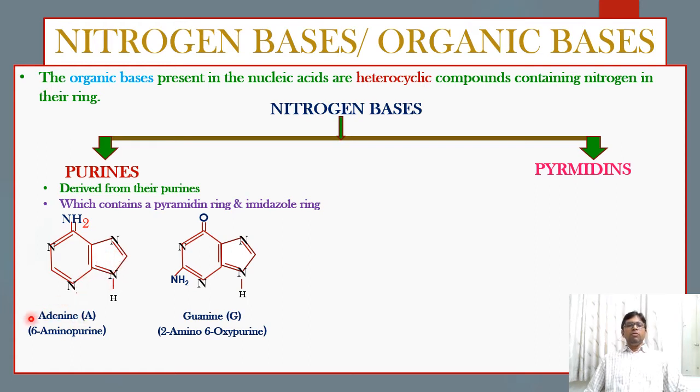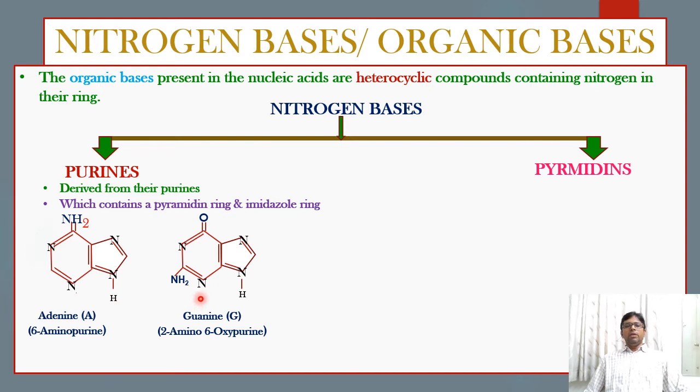Adenine is also known as 6-aminopurine because on the 6th carbon of the pyrimidine ring, an amino group is present. Hence, it is also known as 6-aminopurine.